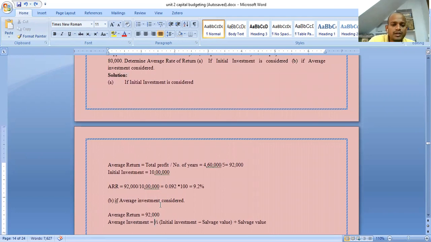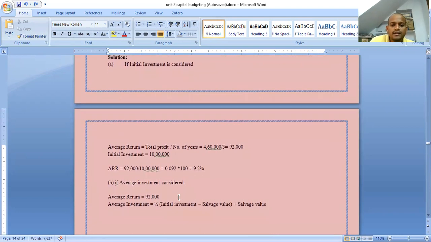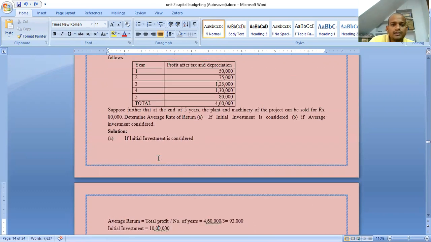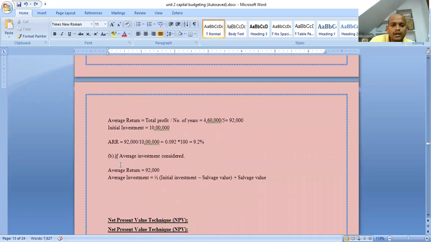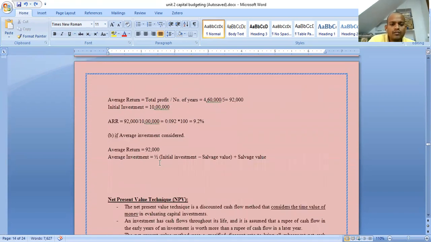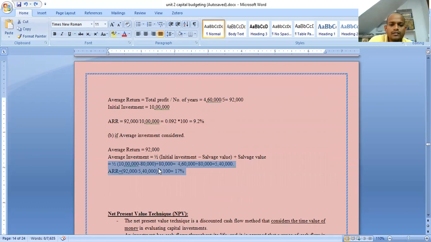The initial investment is 10 lakhs and the salvage value is 80,000. So half of 10 lakhs minus 80,000, that is 9 lakh 20,000, and we have to add the 80,000.